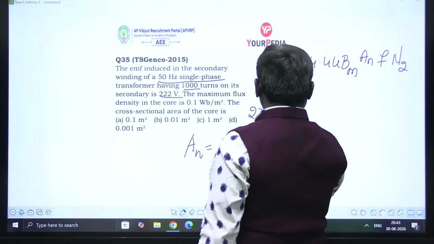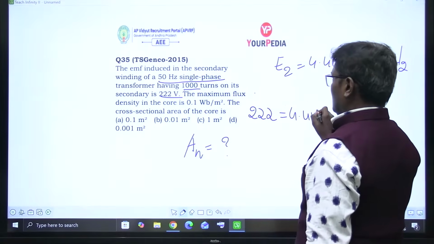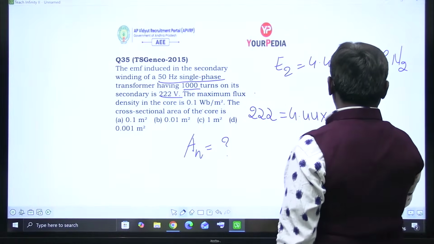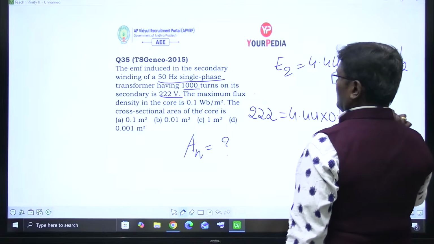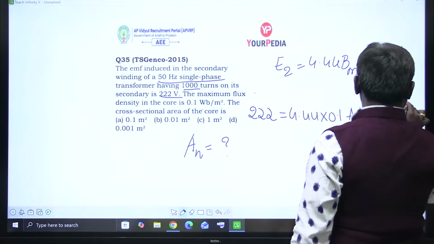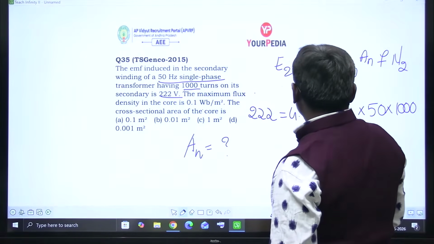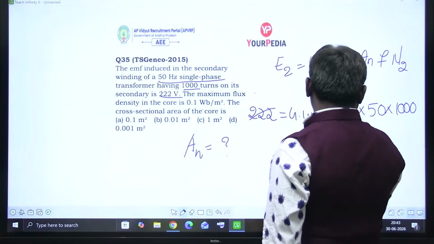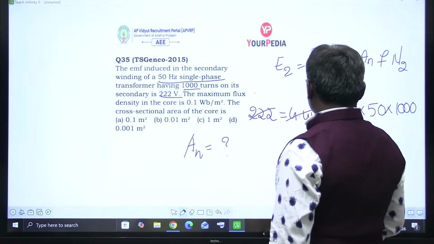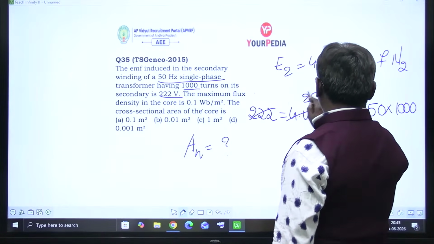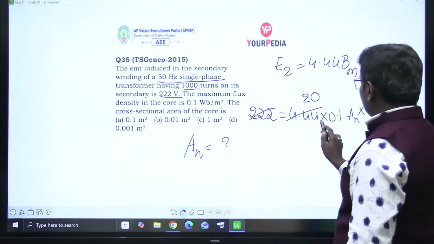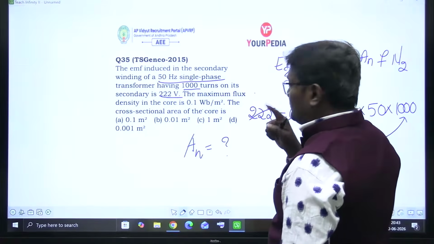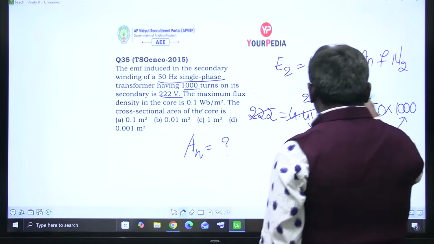222 is equal to 4.44 times Bmax, which is 0.1, times the area, which I have to calculate, times the frequency 50, times the number of turns 1000. Multiplying these gives 4.44 into 1000, which is about 20 with the other terms.